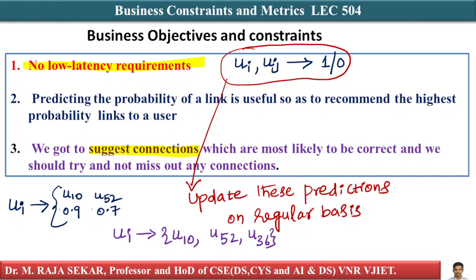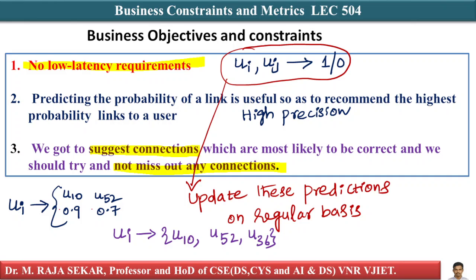Similarly, at the end of the day, we want to suggest connections. For each user UI, we want to suggest those users UJ which are most likely to be correct, and we also do not want to miss out any important connections. So we want high precision.